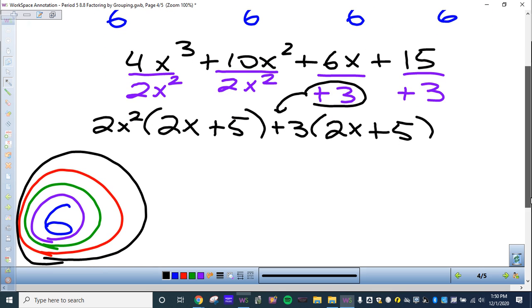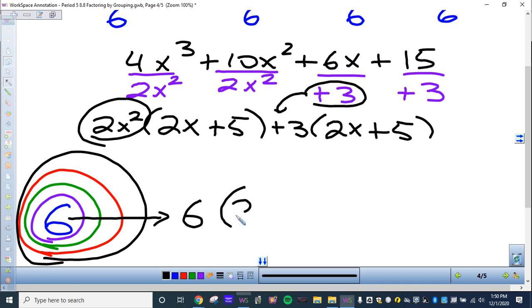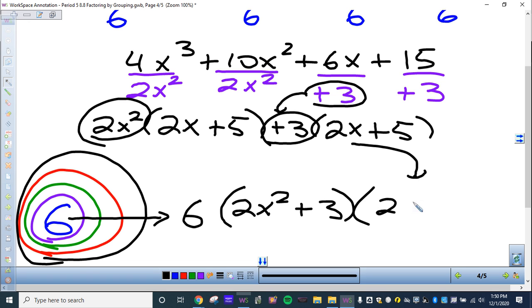So our final answer here, don't forget, includes our lovely multicolor 6. And then we've got 2x squared. We've got the positive 3. And then we just take this parenthesis and write it one time. Okay?